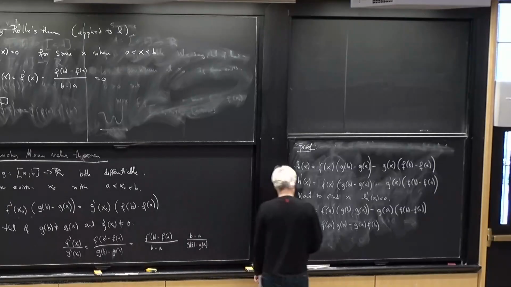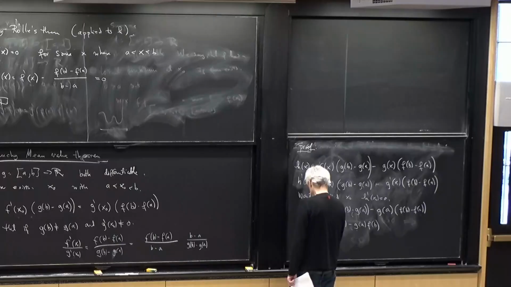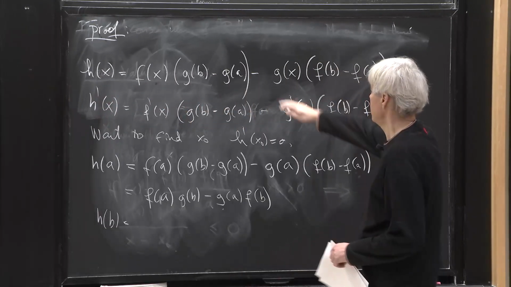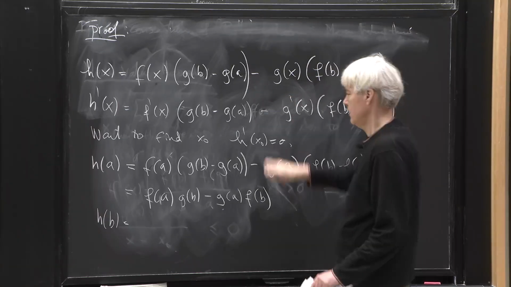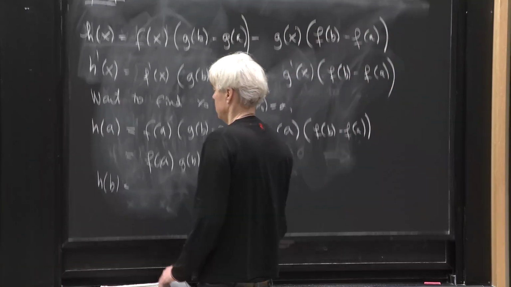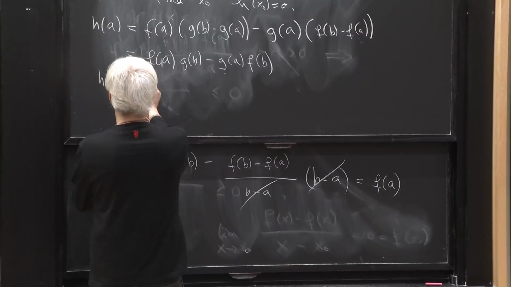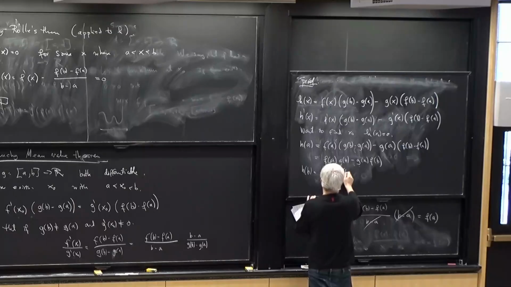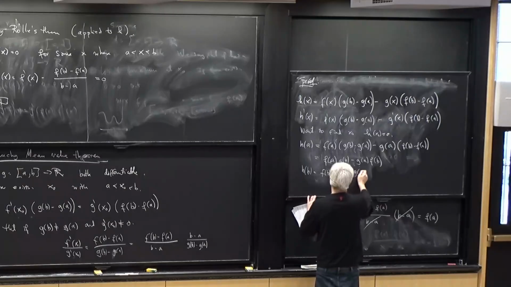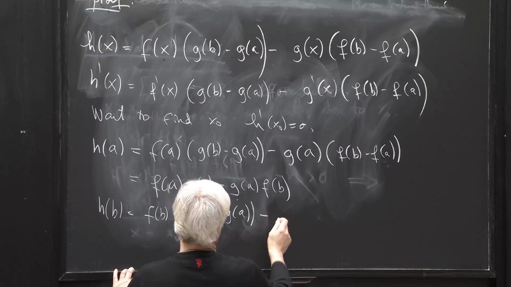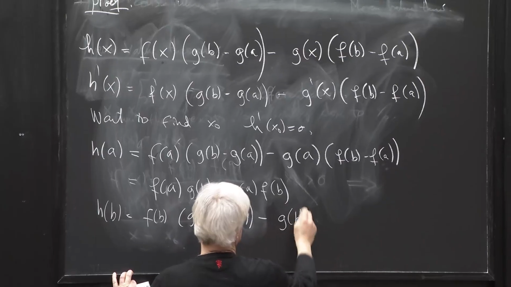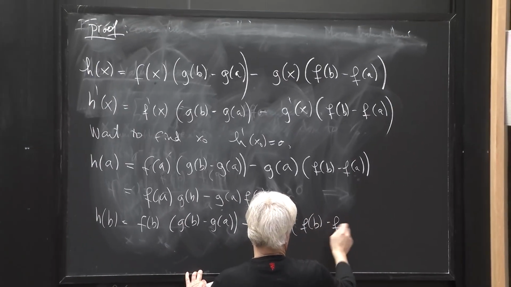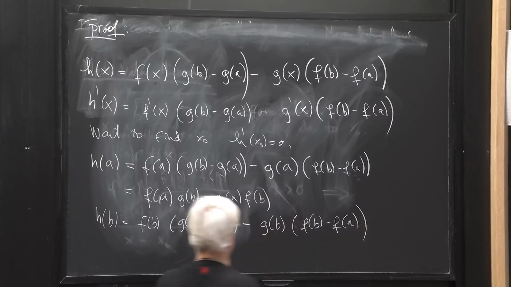So that's what I get there. And now I look at h of b. So if I plug in b up here for x, then I get f of b, g of b minus g of a, minus g of b, f of b minus f of a. Okay?